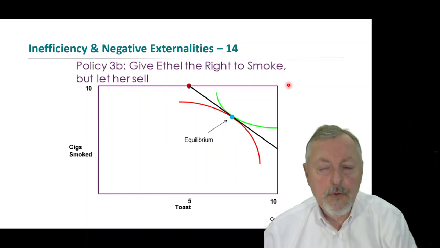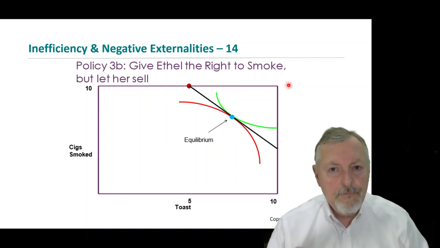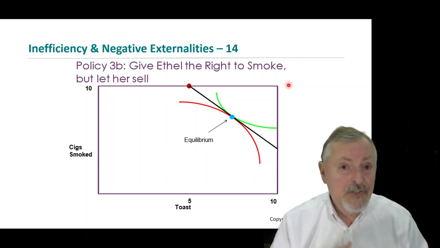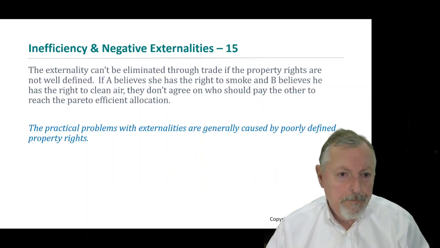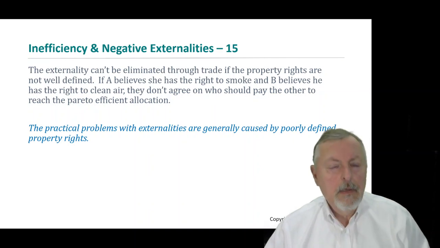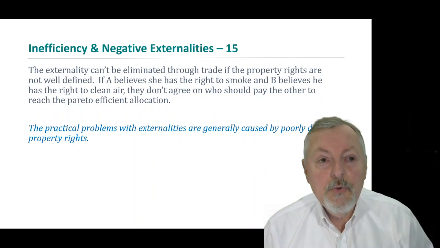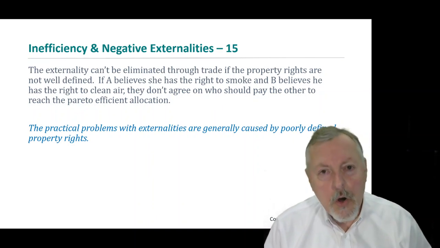In this case, money would go to the smoker. The direction of the flow of money to reach the Pareto optimal outcome depends on who has the initial property right. If they don't agree on that, then the transaction can't happen. Gains from trade. You can't get those gains from trade if you can't agree on who owns what.